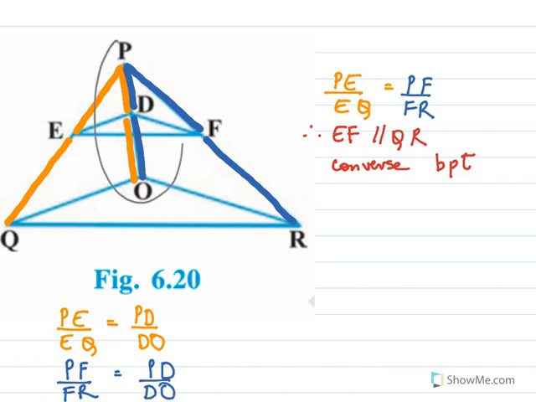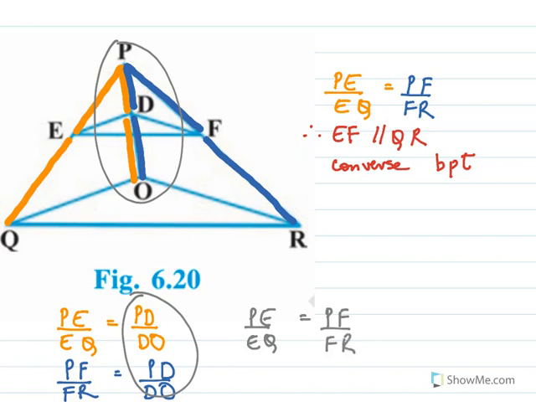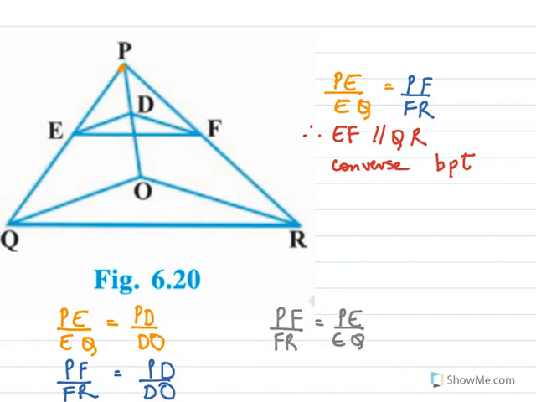Now this was common. Have you seen this part is common for both? So now I can write that PE over EQ equal to PF over FR, and we have proved it. If these ratios are equal, therefore the lines must be parallel.